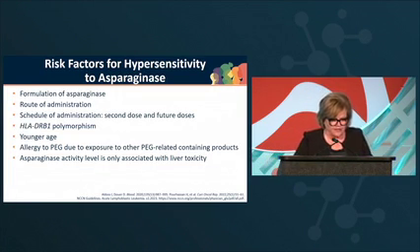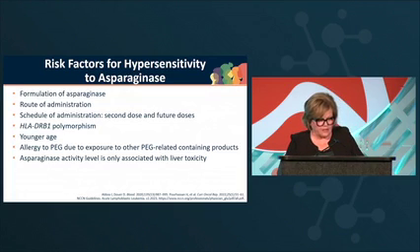Those with the HLA DRB1 polymorphism are more likely to have hypersensitivity. Other factors are younger age, allergy to PEG due to exposures from other PEG-containing products, and asparaginase activity level is associated with hepatotoxicity.